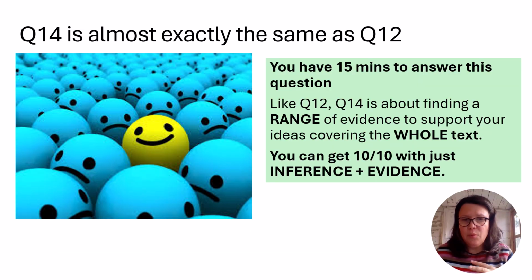All right, then we've got question 1 for question 14, which is almost exactly the same as the other 10-mark question that you've just answered on this paper. It is your 10-mark question. You have about 15 minutes to do it, and like question 12, it requires you to gather a range of information from the text.